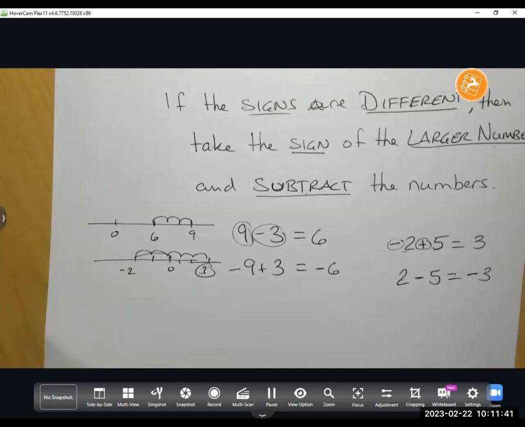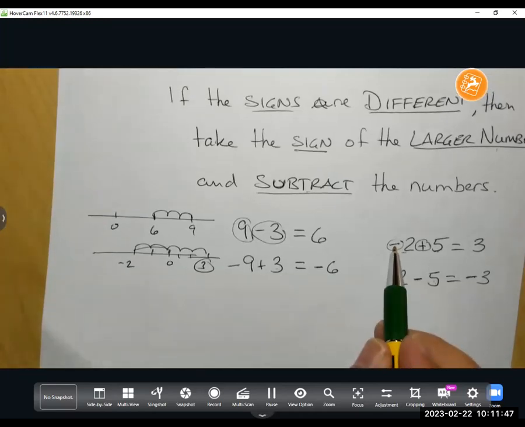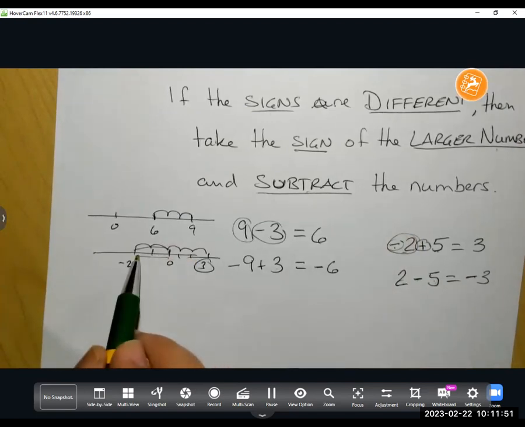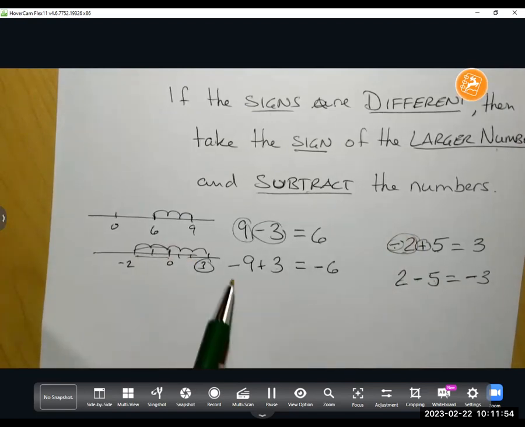If you're not comfortable with it, by all means, use a number line. Because if there's a negative, I go from 0, I go 2 to the left. What would I do? How many spaces?